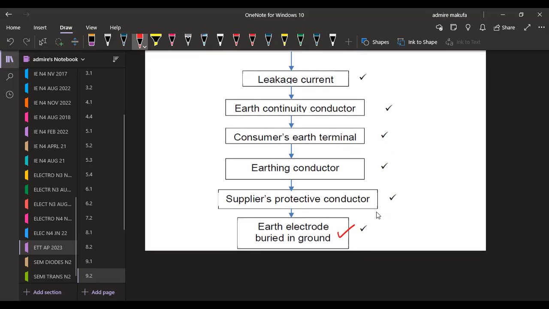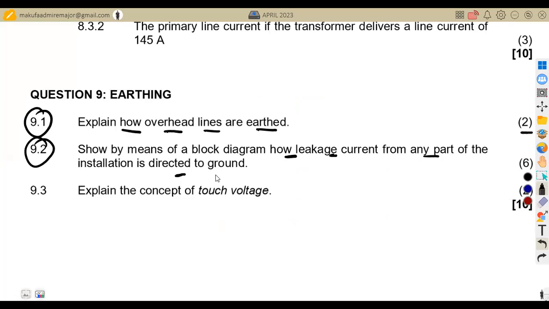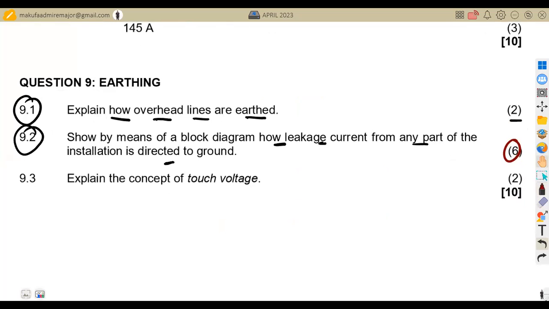These are the stages of the flow chart. That was actually 6 marks, the block diagram, and it's just supposed to indicate everything for you to obtain all the marks.